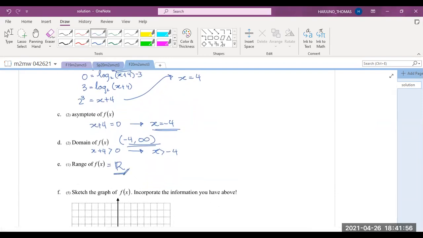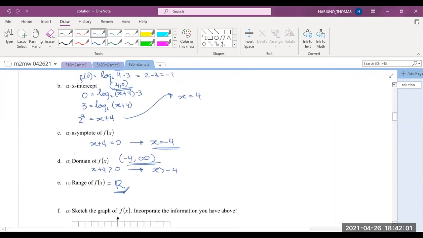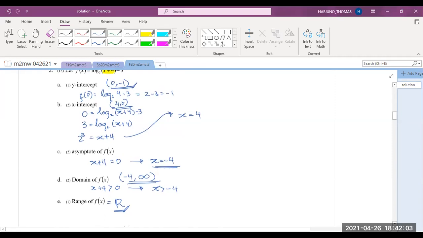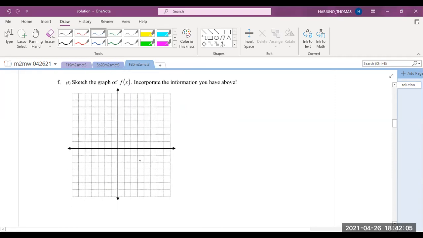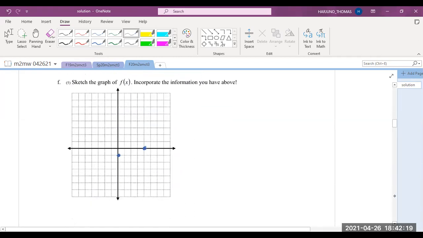How about the graph? Let's see, the x-intercept is (4, 0), the y-intercept is (0, -1), and the vertical asymptote is x equals -4.